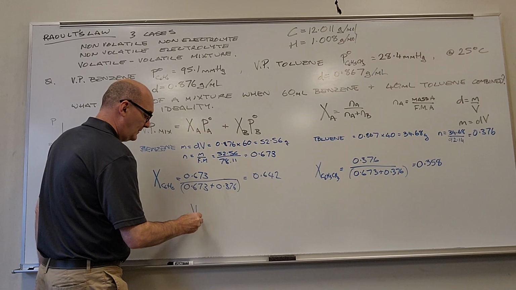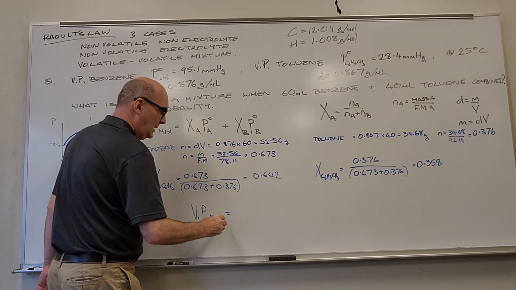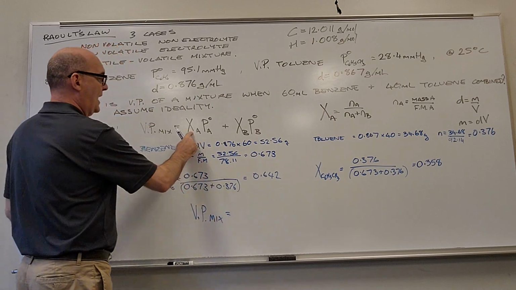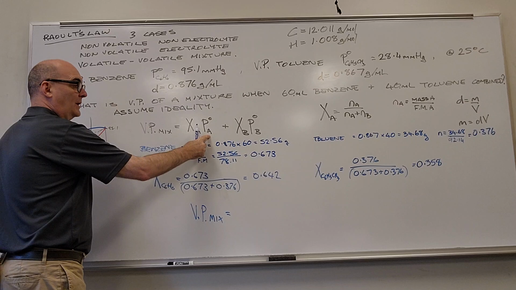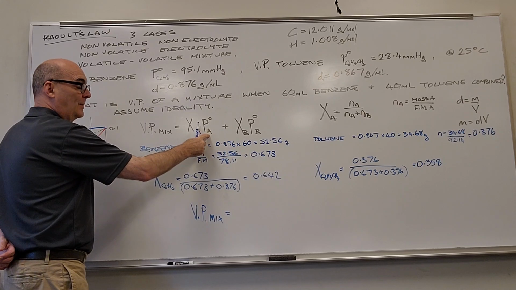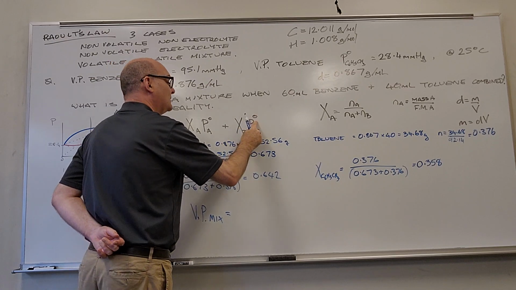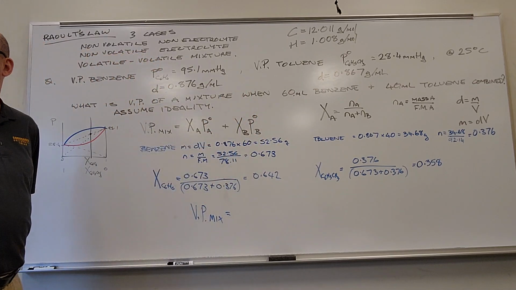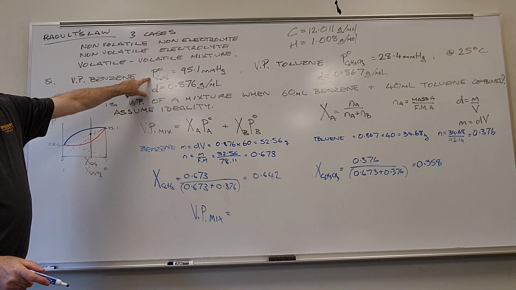So, the vapor pressure of our mixture is the mole fraction of the first component multiplied by its pure vapor pressure, plus the mole fraction of the second component multiplied by its pure vapor pressure. Make sure you use the right numbers.